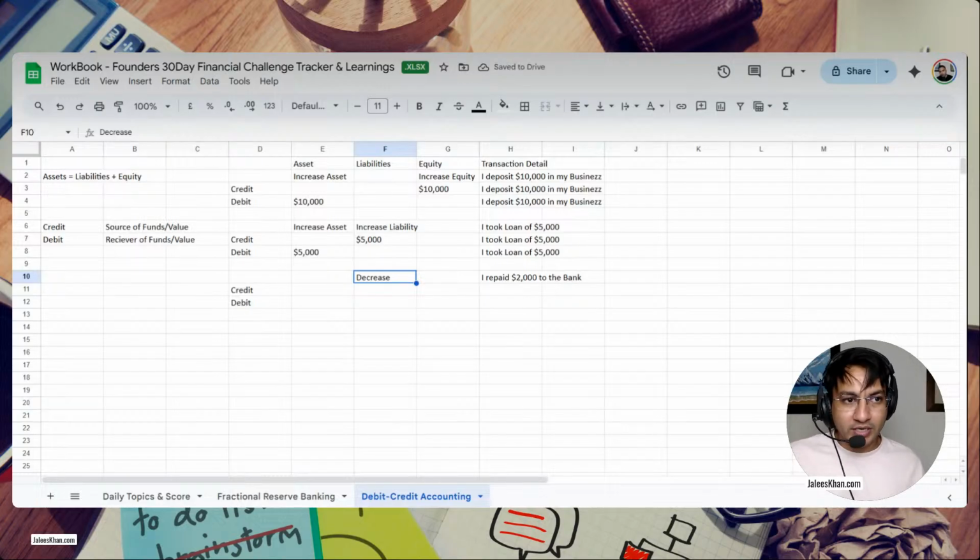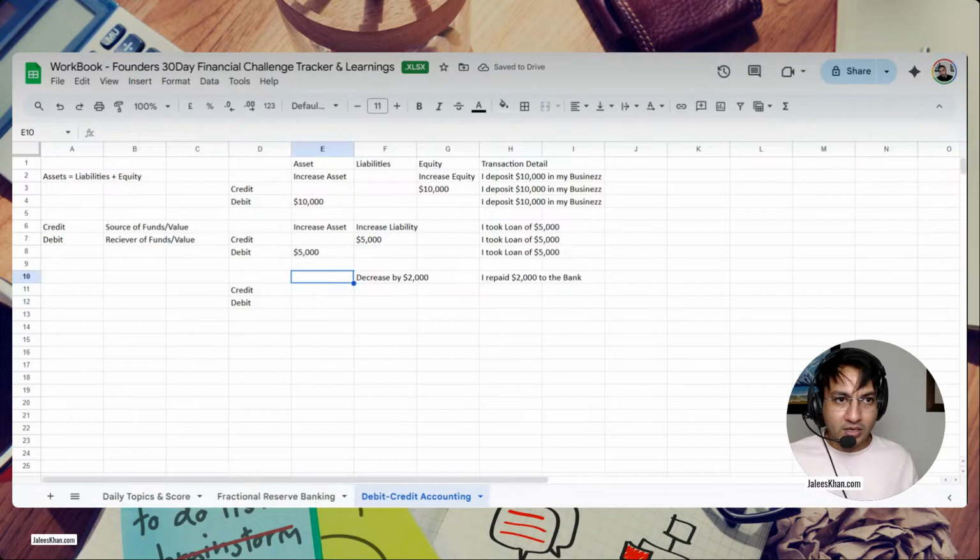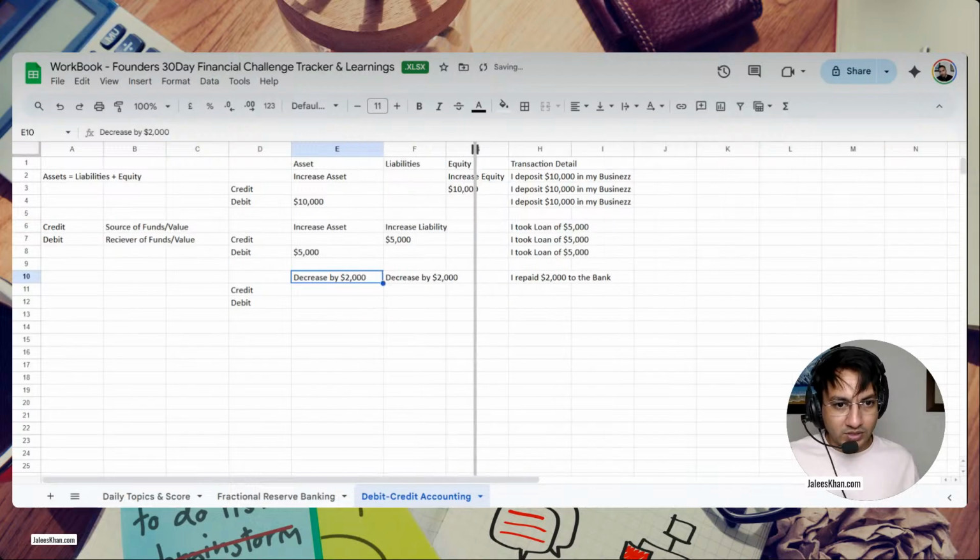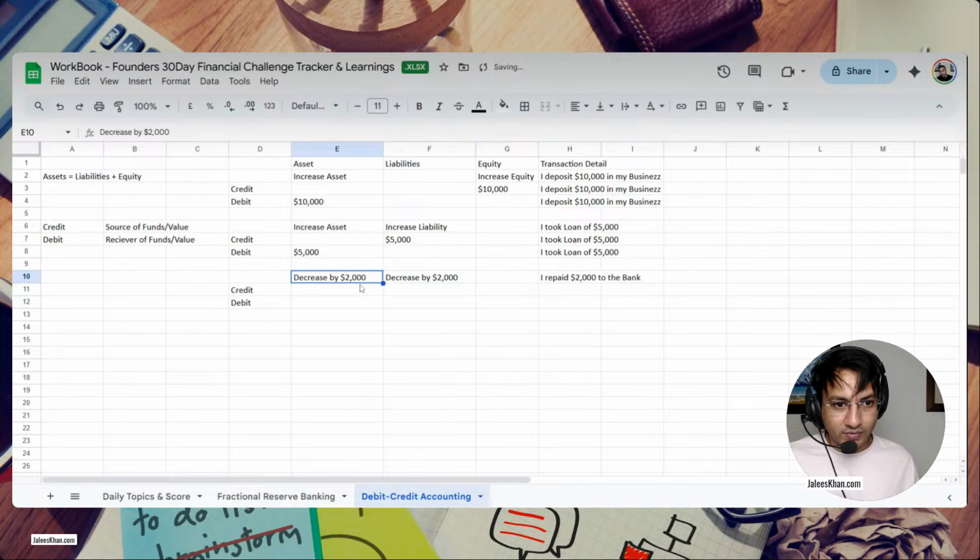The liability decreases by $2,000. And I repaid that amount from my assets, then my assets are going to decrease by $2,000 as well, because that repayment is being done from my assets.